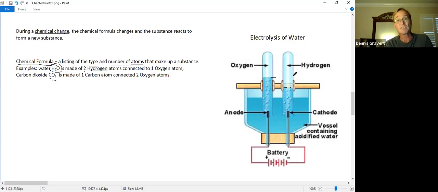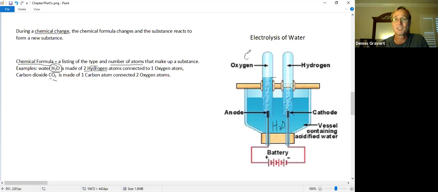So is this a physical or a chemical change? Chemical, right. We have H2O, and that's turning into oxygen. Well, what's the chemical formula for oxygen gas? That's something I don't expect you to memorize, at least not yet.